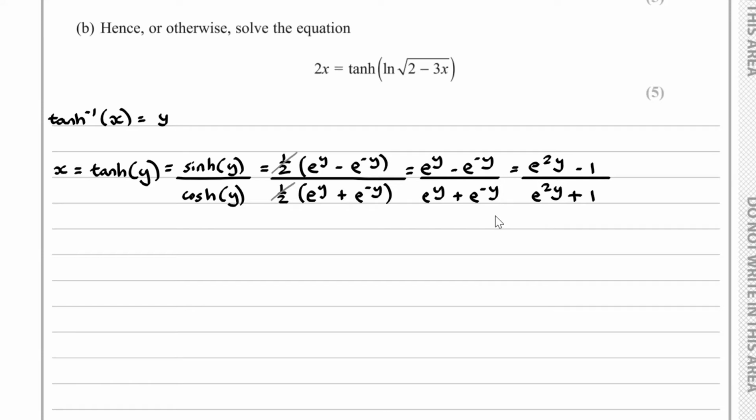Having done that, let's now multiply both sides by e to the power of 2y plus 1. So we have x lots of e to the power of 2y plus 1 equals e to the power of 2y minus 1.